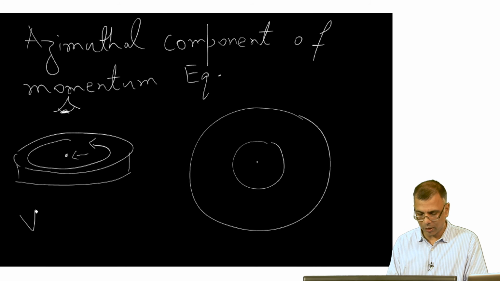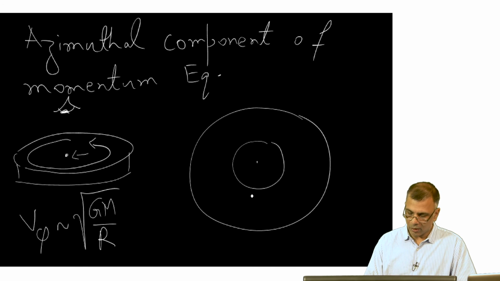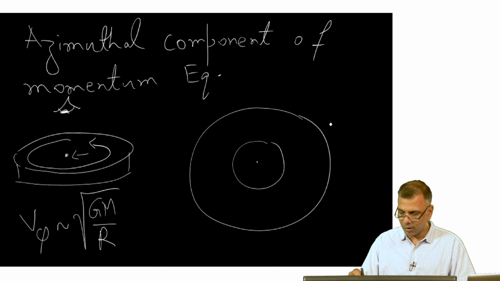The V phi goes as the square root of GM over r, isn't it? So essentially the V phi at larger radii is smaller, and the V phi at smaller radii is larger.